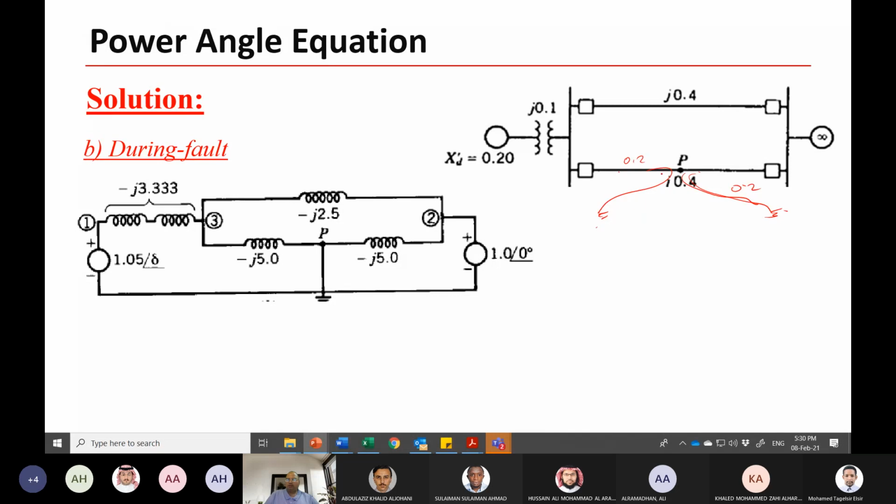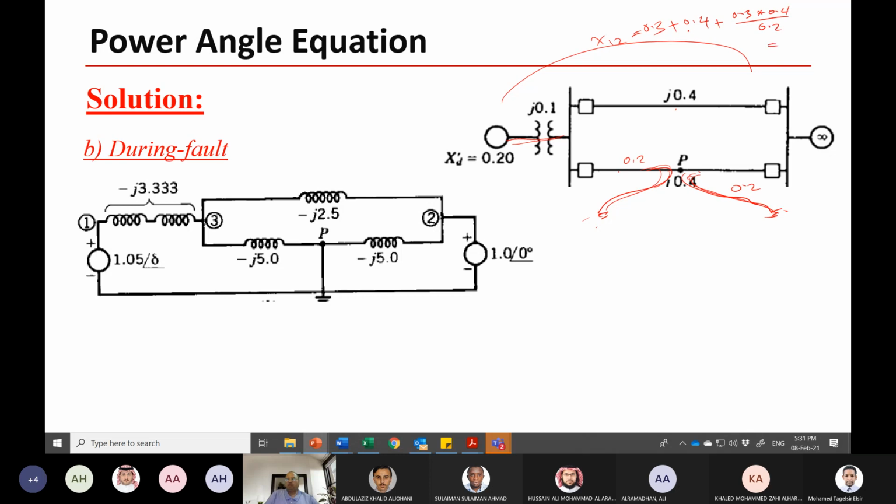These are in parallel, so this one will not play any part or any role, but with this one and this one and this one, you will convert them to delta, and then you can find X12. X12 here will be equal to this one, which is 0.3, plus this one, which is 0.4, plus 0.3 times 0.4 over the other impedance, which is 0.2 here.